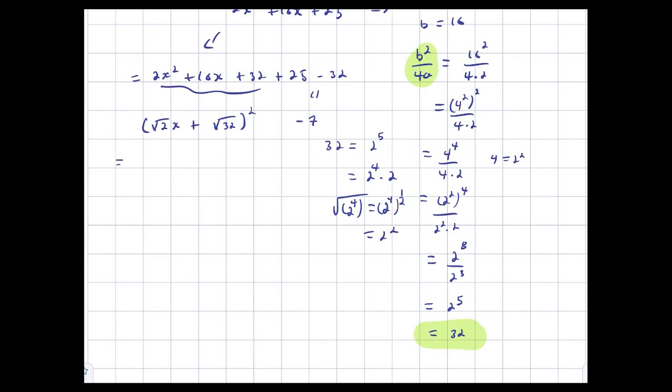So I can write this as square root of 2 times x plus 4 root 2. Let me do this step by step. I don't want to confuse people.